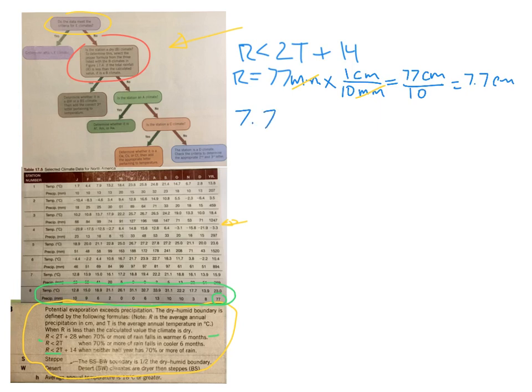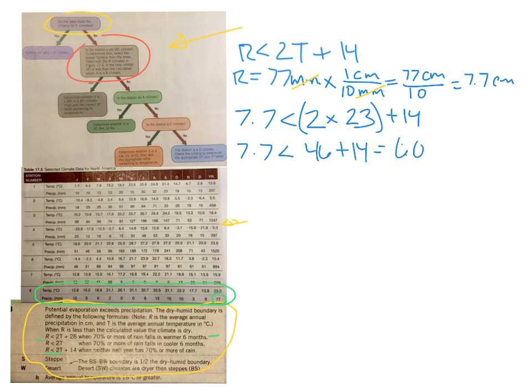7.7, which, going back to the formula, is going to be, let's see if it's going to be less than 2 times the average temperature, which is 23, and then that will be multiplied plus 14. 7.7 is less than 2 times 23, which will be 46 plus 14, and that equals 60.